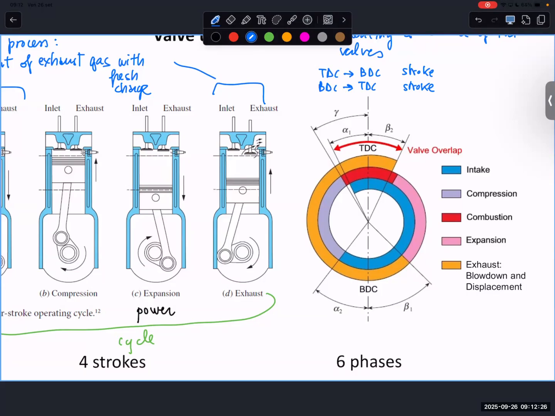So we were discussing, and we can start from intake. So intake is this blue. Intake is occurring, so we are considering the motion in this direction, and we are starting from here and we are going to here. So practically, we are considering about 2 revolutions.